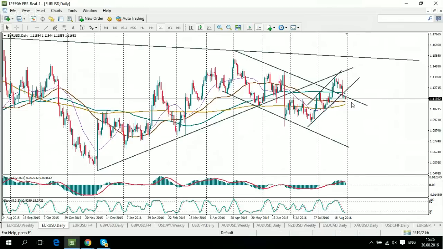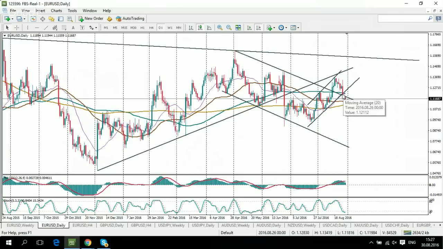Some signals that we will see further declines of the pair. We can see that the euro dollar on Friday formed a bearish candle, which is actually a bearish outside engulfing candle, and is a rather strong bearish signal.